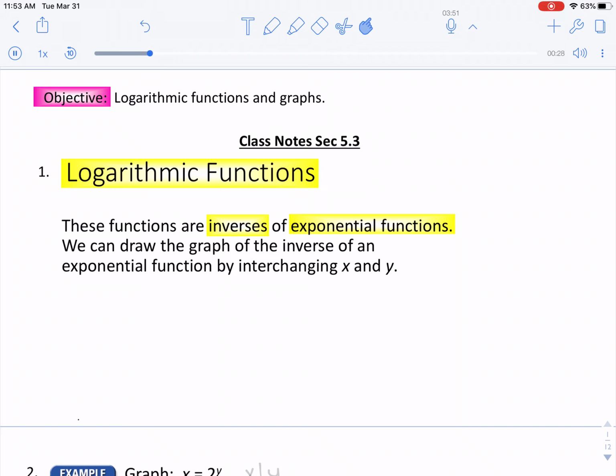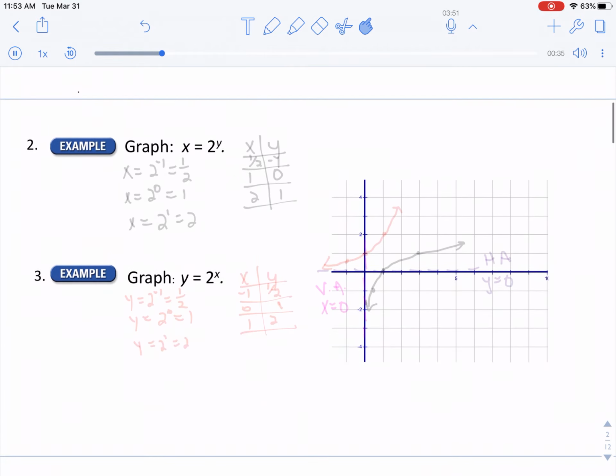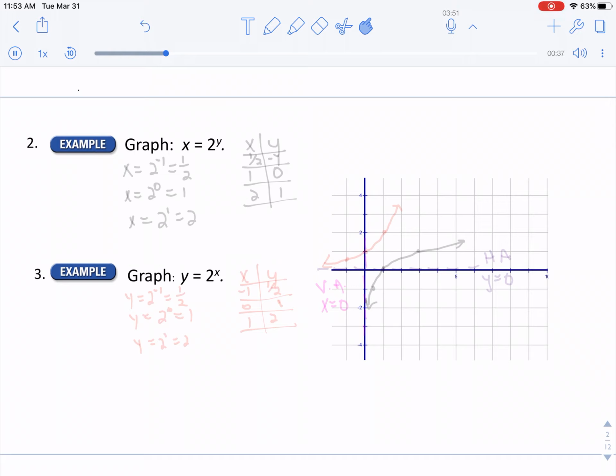So let's look at the graph of x equals 2 to the y power. To graph this, we can start out by making a t-table. In the t-table, instead of filling out the x's, we're going to fill out the y's. So we're going to put a 0 in for y, and then go down 1 and up 1.